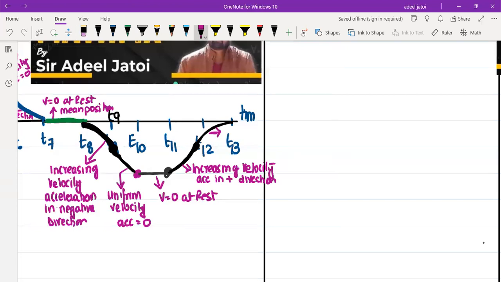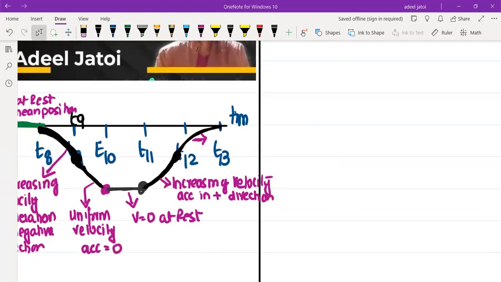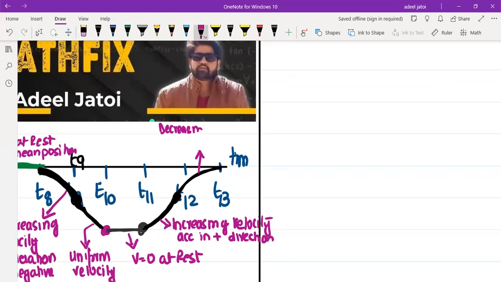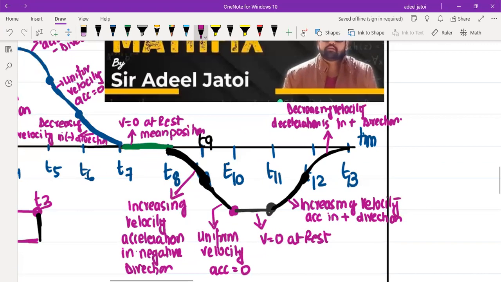This is decreasing velocity, deceleration is in positive direction, going towards the mean.